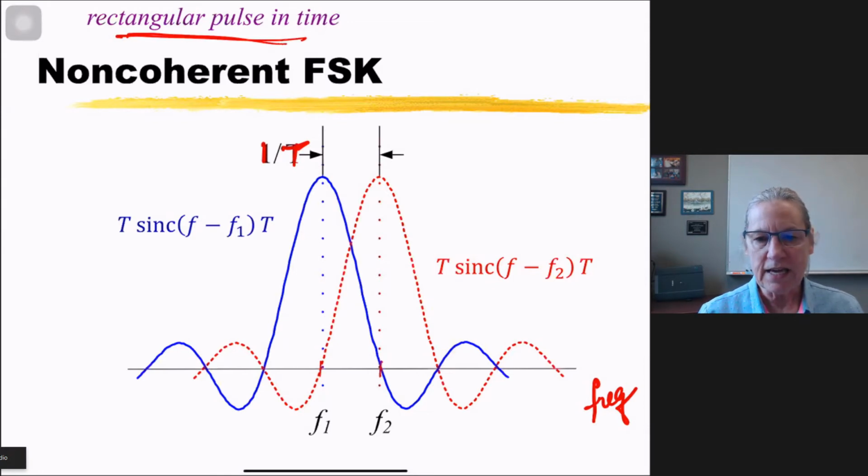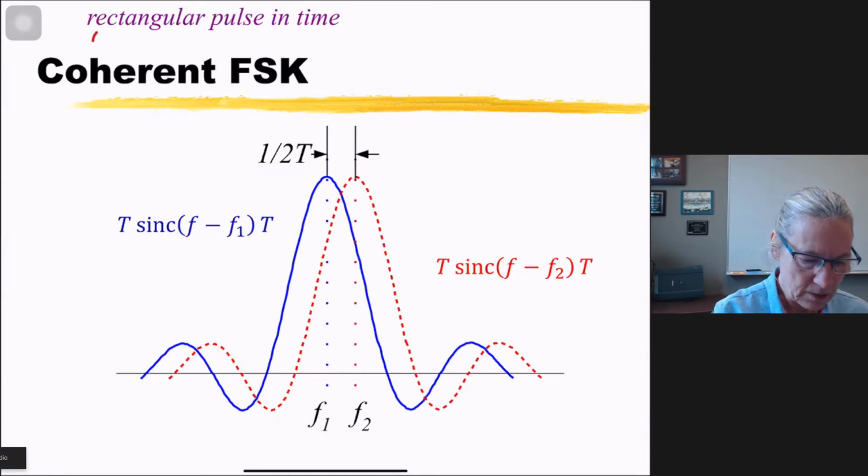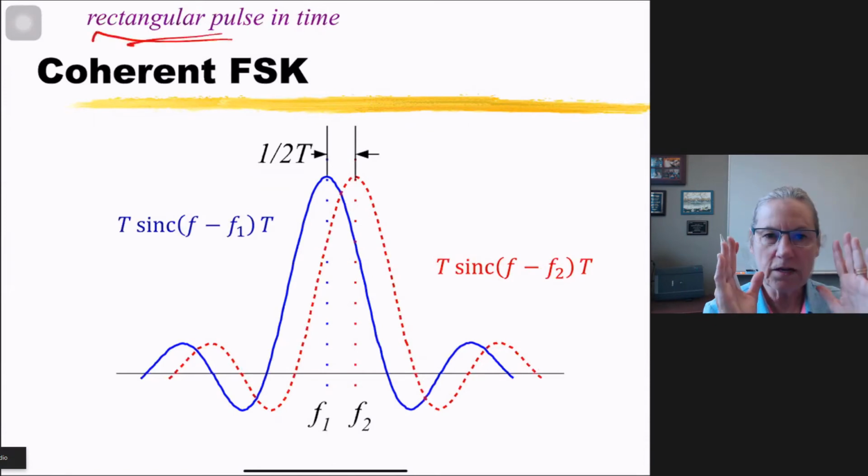And we can see that we have this orthogonality. And now if I look at coherent FSK, the same rectangular pulse, of course, now they could be more tightly packed. So the frequency separation is 1/2t. And you can see that we're going through zeros at different times, but they're still orthogonal.